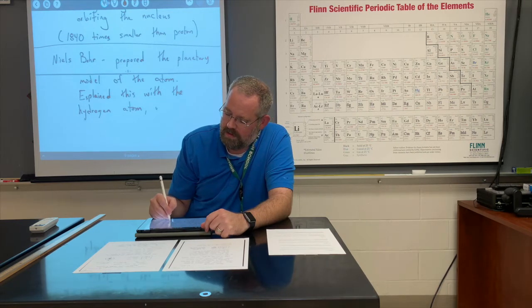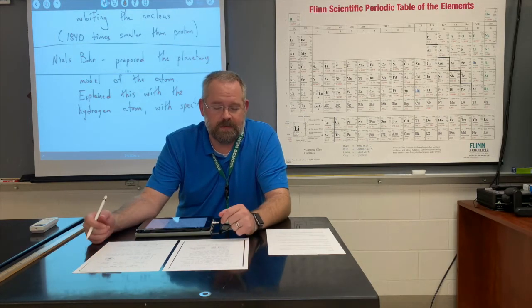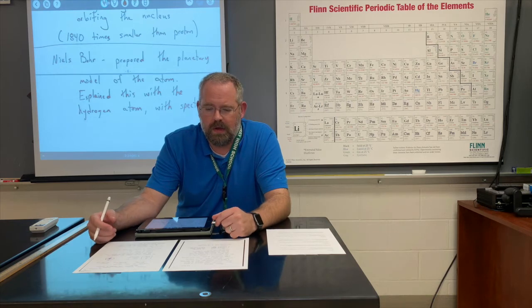With a method of light scattering called spectroscopy. Now, we'll talk a little bit more about this as time goes on, but spectroscopy is using light frequencies to help identify elements. And he was able to show that you can change those light frequencies depending on what's happening to the atom.